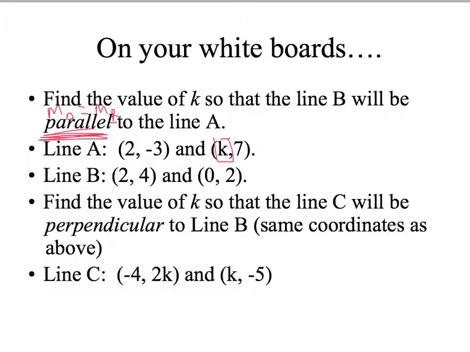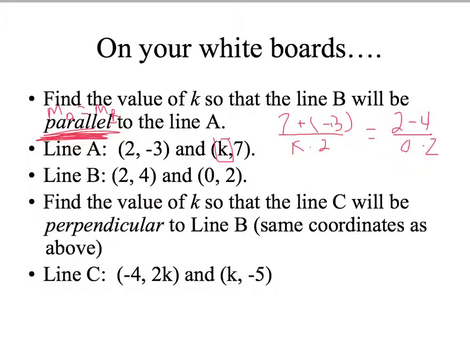Okay, so I'm going to start with the slope of line A. It's 7 minus negative 3, which turns to plus positive 3, over K, some unknown, minus 2. That ratio has to be equal to, since the two lines are parallel, the slope of line B, which is 2 minus 4 over 0 minus 2.